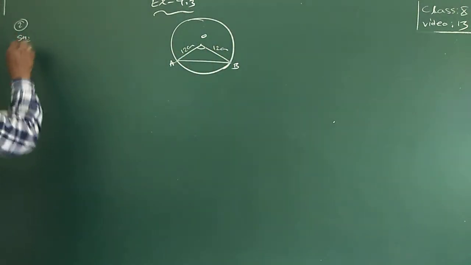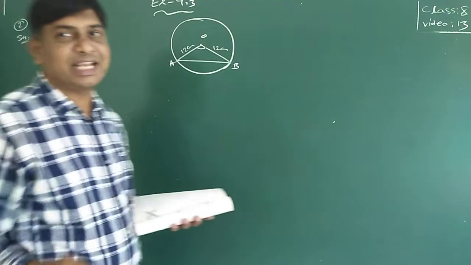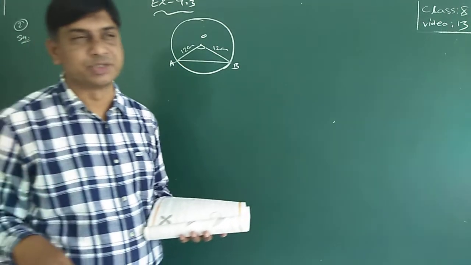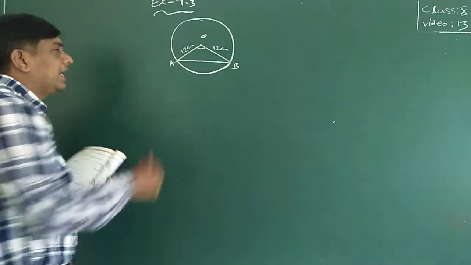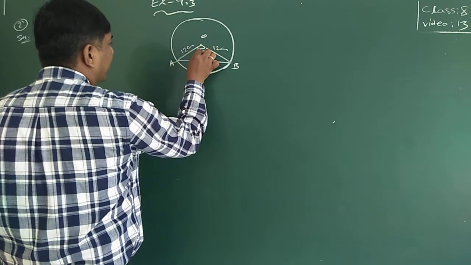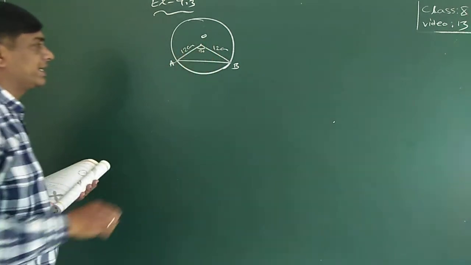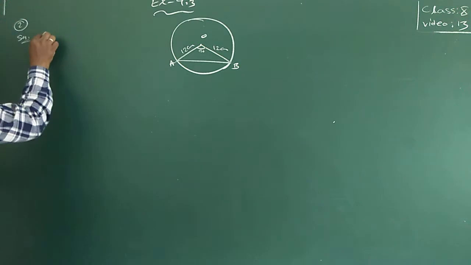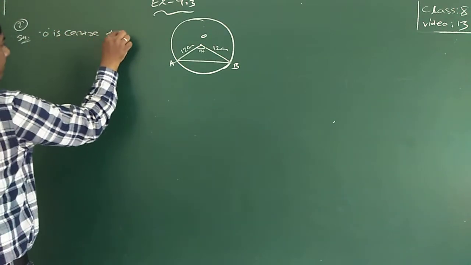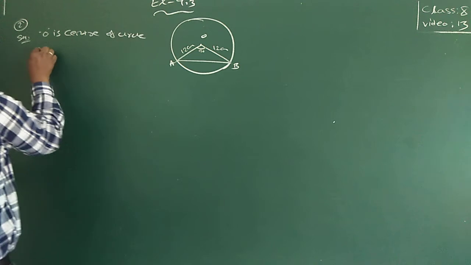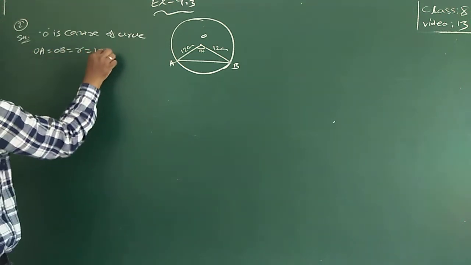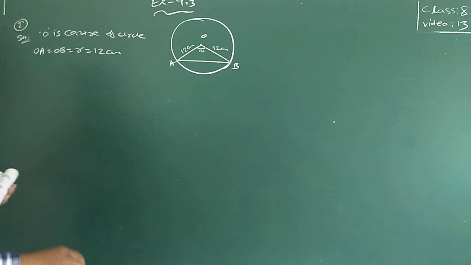In the same model, when it is a right angle we can directly use the half into base into height formula. But here they gave an obtuse angle triangle, 120 degrees. O is the center of the circle, OA is equal to OB is equal to the radius of the circle, 12 centimeters.